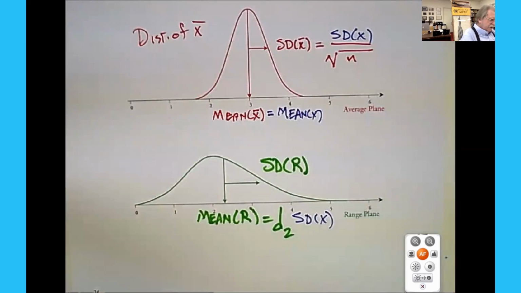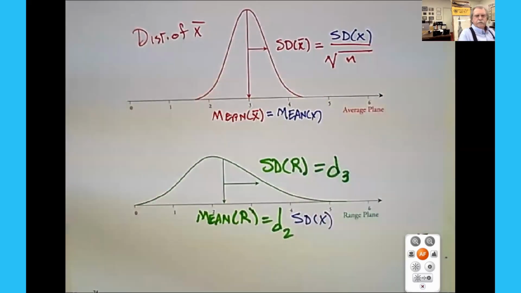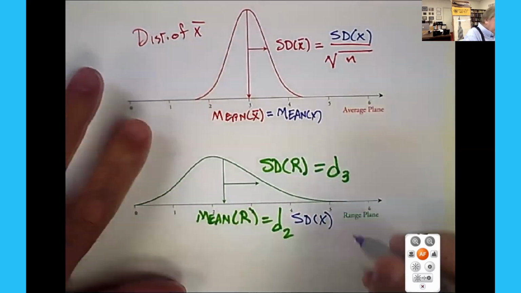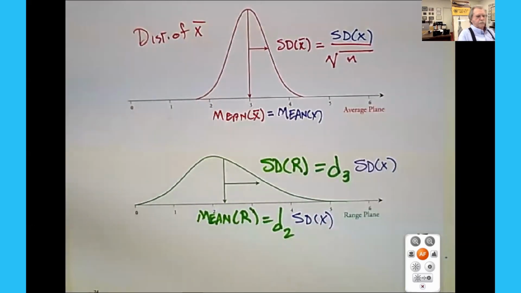And the standard deviation for the distribution of the range is little d sub 3 times the standard deviation for the distribution for x. These equations are essentially the definition of d2 and d3. There's a lot of mathematics behind that, but that's the bottom line, the result.